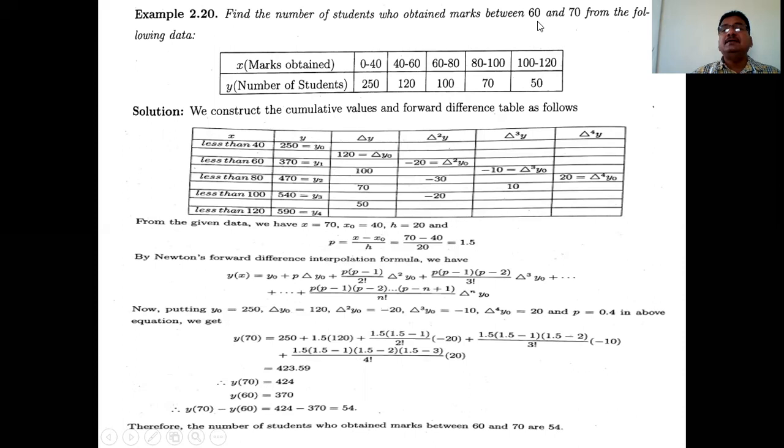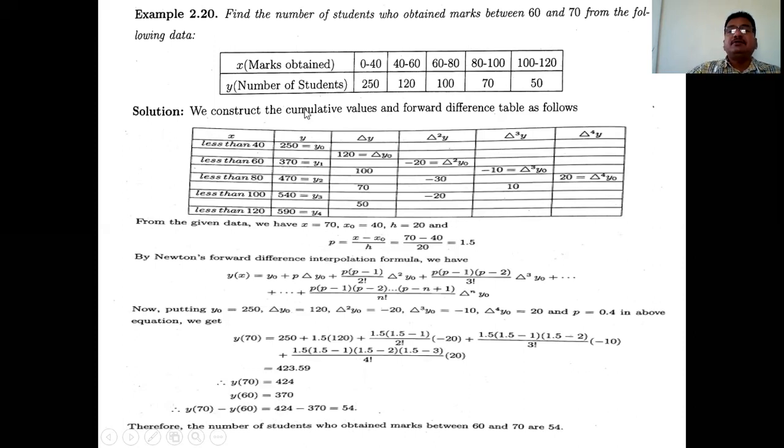If we find the number of students who obtain less than 70 marks, and the number who obtain less than 60 marks is 370, then their subtraction gives the number of students who obtained marks between 60 to 70.